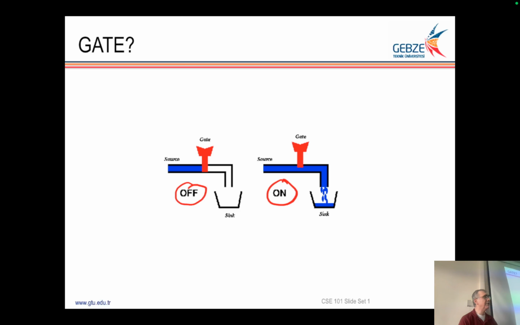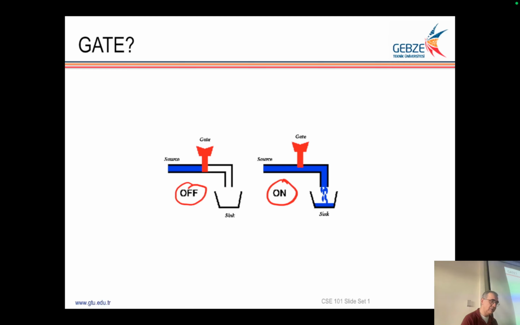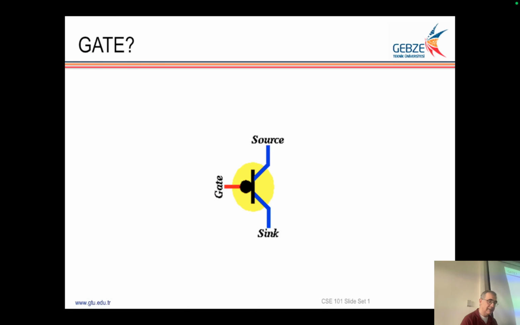So if we have such a device, we can make great things. This is what we have. That's gate, source, and sink. Gate, source, and sink. This is sink.